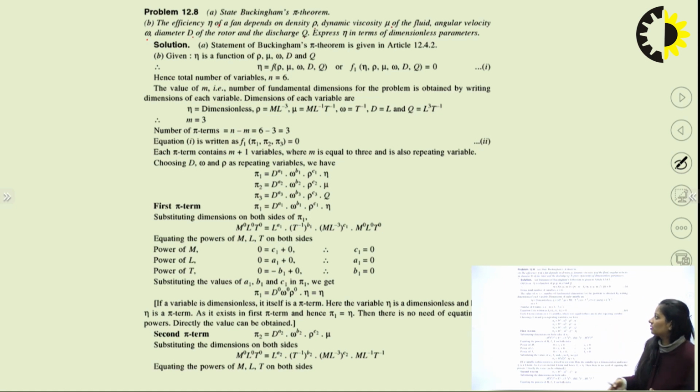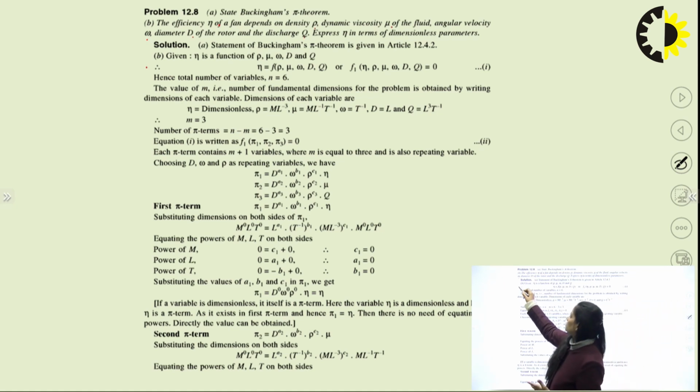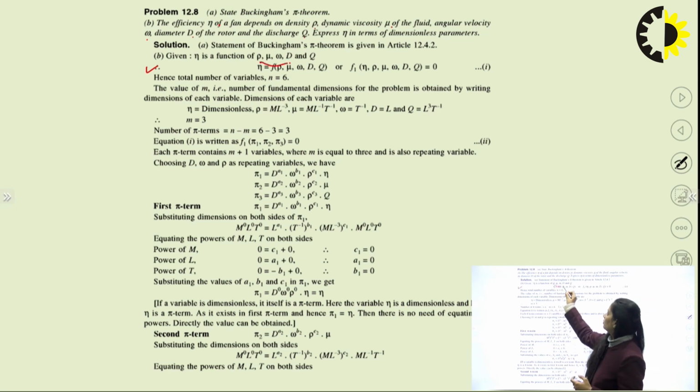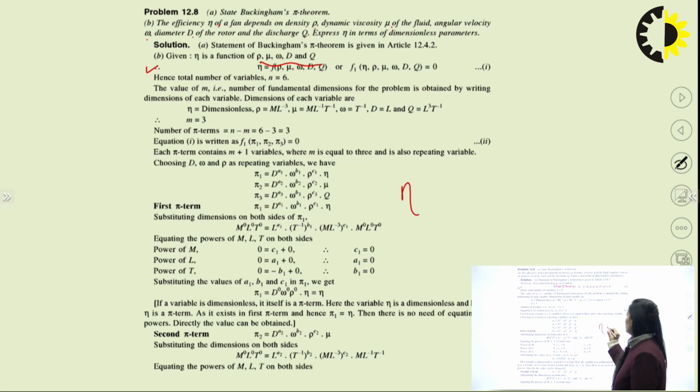So let us go through the solution: eta is a function of rho, mu, omega, d and Q. How are you going to write an equation like this?